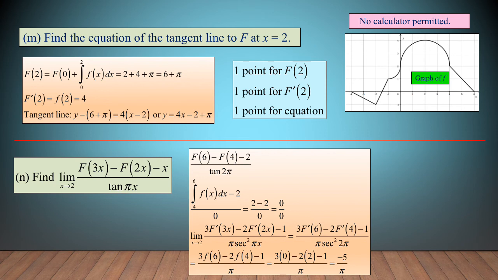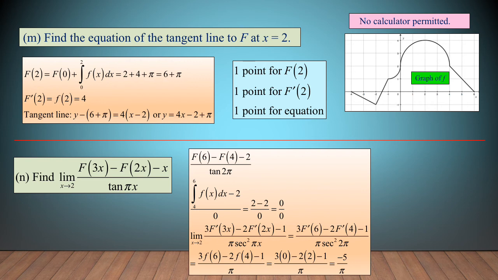We know that capital F of 6 minus capital F of 4 is the integral from 4 to 6 of little f of x dx. Minus 2 over the tangent of 2 pi, which is 0. The integral from 4 to 6 of f of x dx is simply the area of the right triangle, and that is 2.